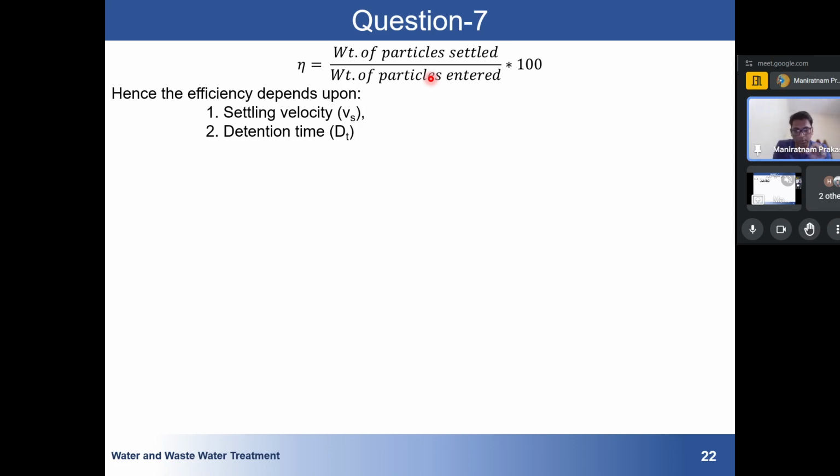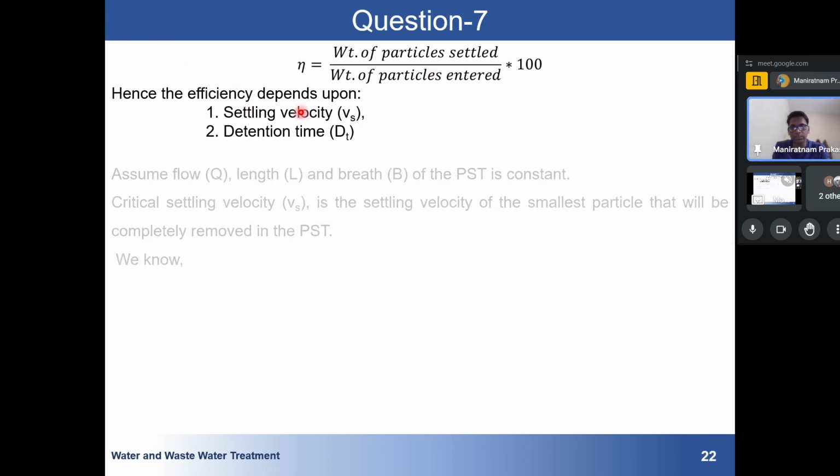A particle is entering our system, and its settling velocity will determine whether that particle will settle down or not, and for how much time that particle is there in our system will also determine whether it will settle down. Suppose detention time is very short, water is coming and going, so what will happen? It won't get settled down. Okay. So it depends upon the settling velocity and the detention time.